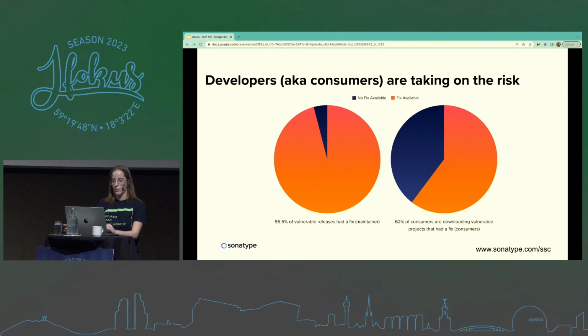We did a study at Sonatype that shows that of known vulnerabilities, about 96% of them have a fix available for those projects. However, about 60% of developers are then downloading bad versions, or versions that they don't need to be otherwise.